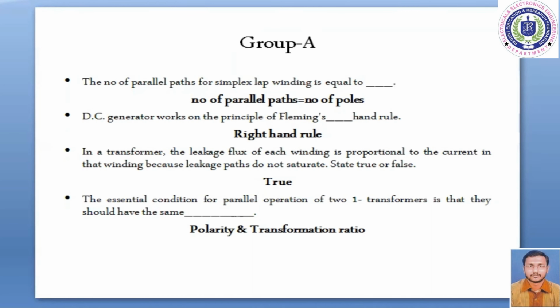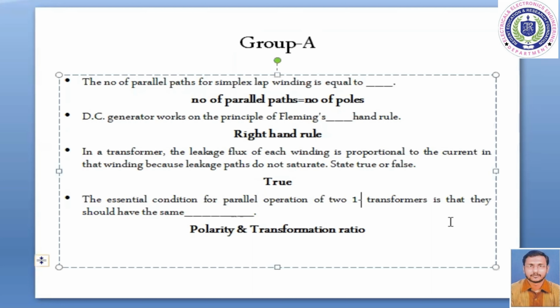The next question is, the essential condition for parallel operation of two single phase transformers is that they should have the same dash. You have to fill in the blanks. Now, generally 4 conditions are there.